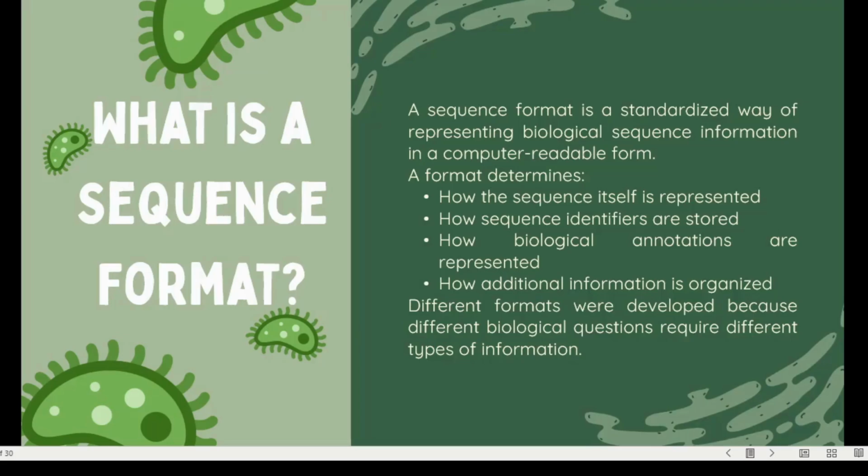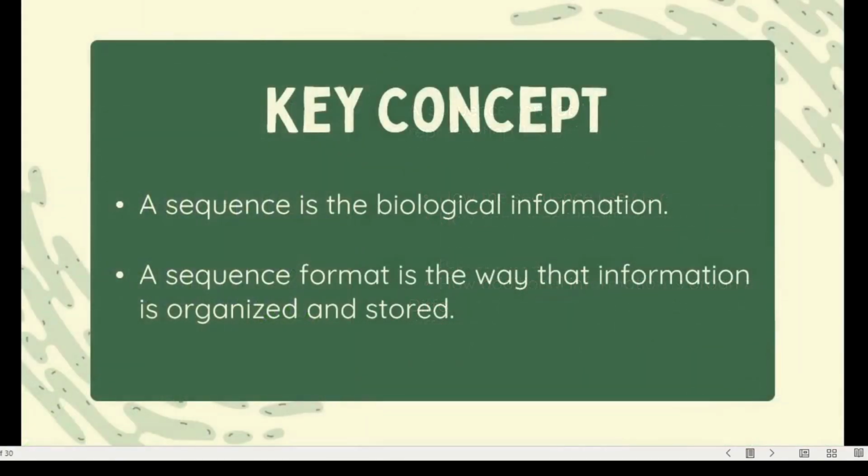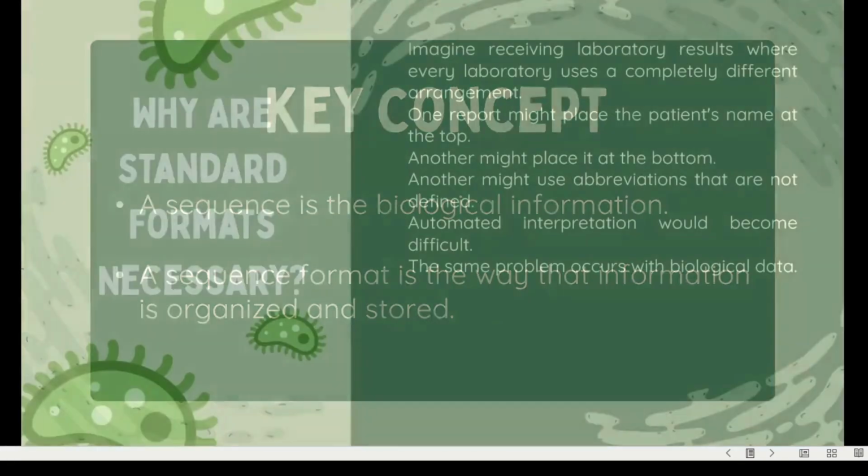Different formats were developed because different biological questions require different types of information. So we can say that a sequence is the biological information, and a sequence format is the way that information is organized and stored.